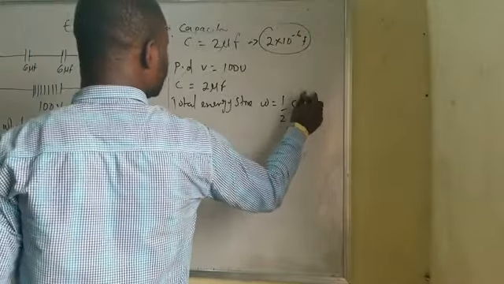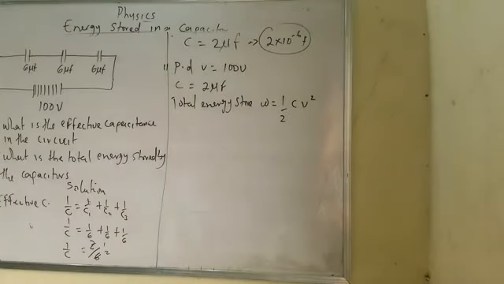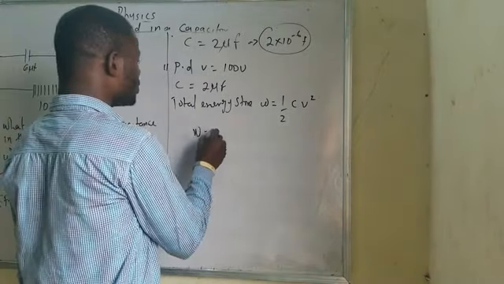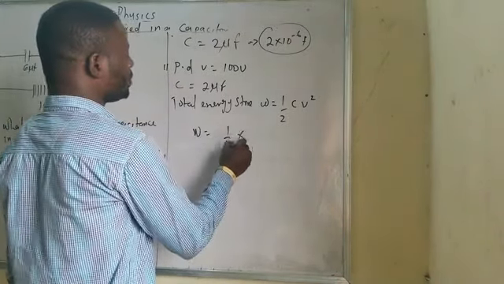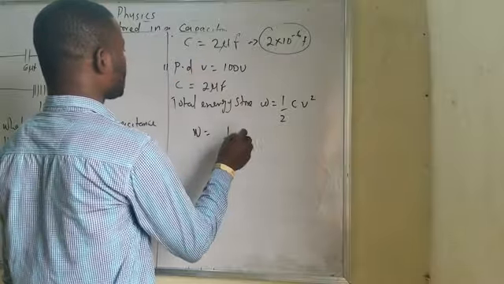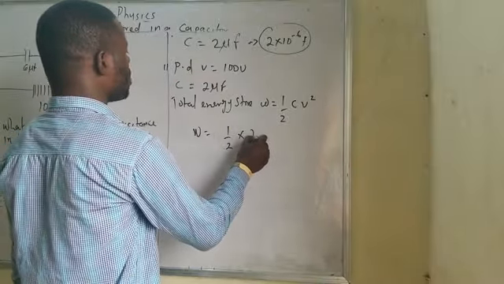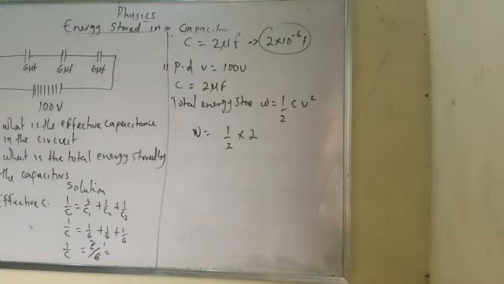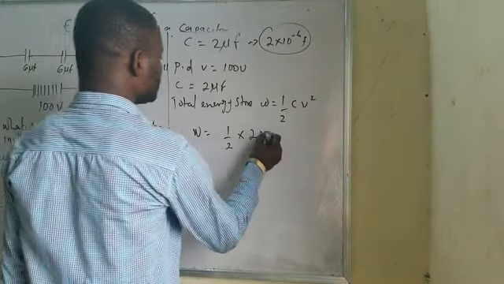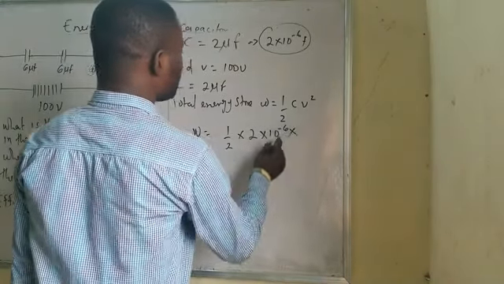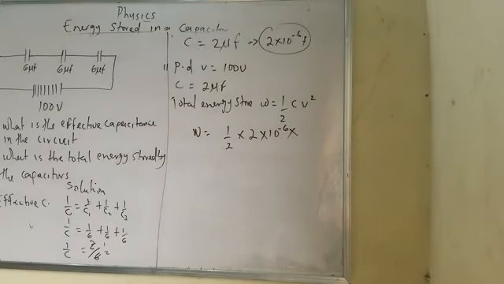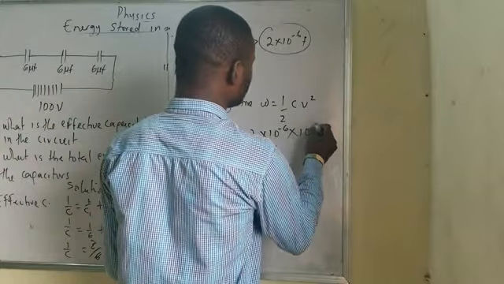So the total energy stored will be 1/2 multiplied by C, which I have as 2 multiplied by 10 raised to the power minus 6, multiplied by V, which is 100 squared.